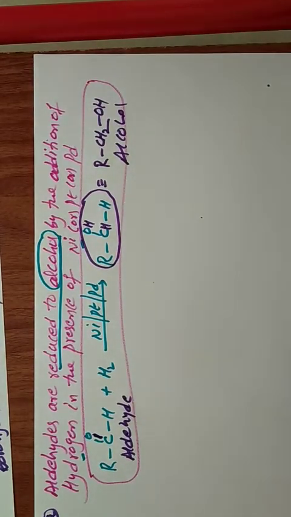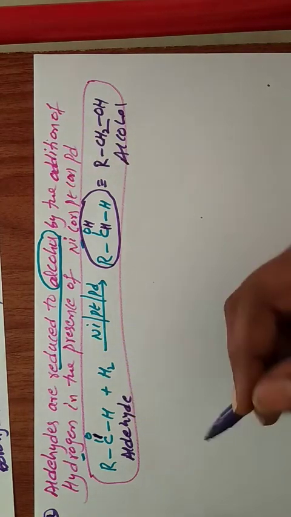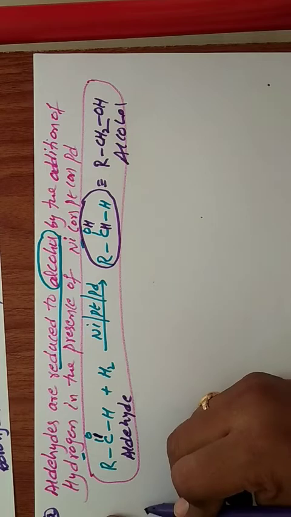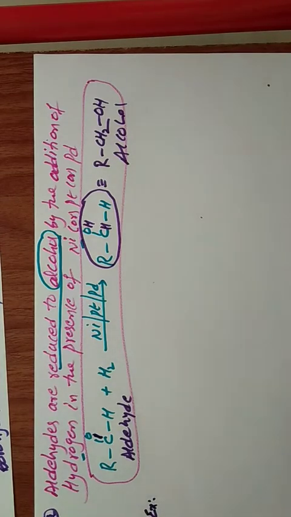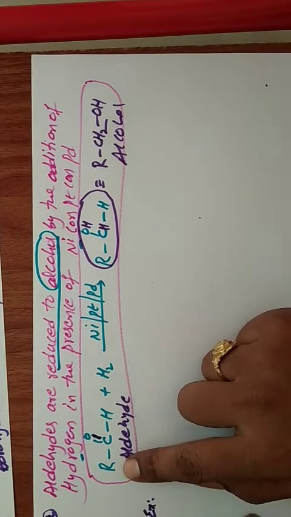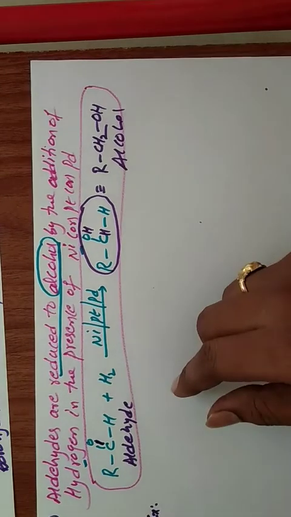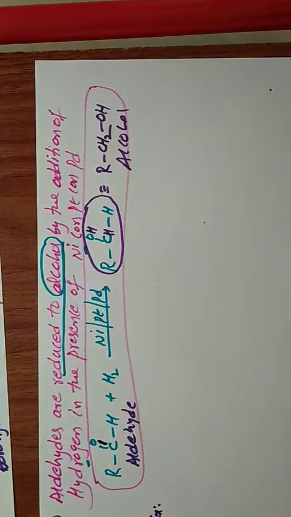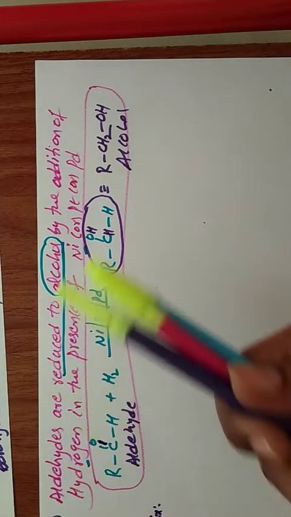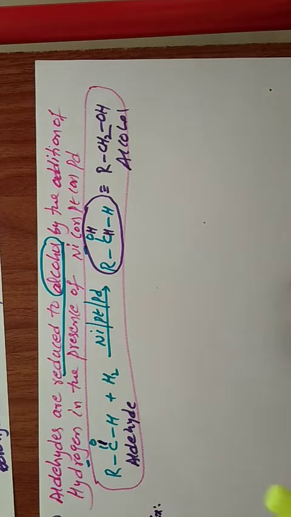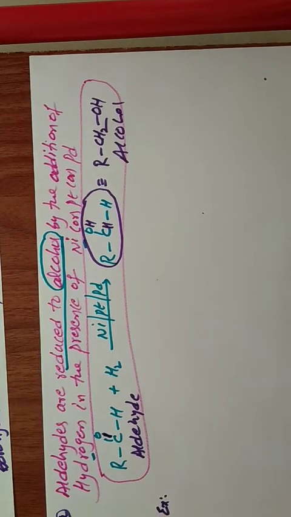This is the general reaction. Now an example for this aldehyde; we take any one of the aldehydes. So what is an example for aldehyde? Instead of R, we take CH3. Before, we discussed formaldehyde, acetaldehyde, and different aldehydes like that. Complete information about aldehydes we learn in the aldehyde lesson, the next lesson.